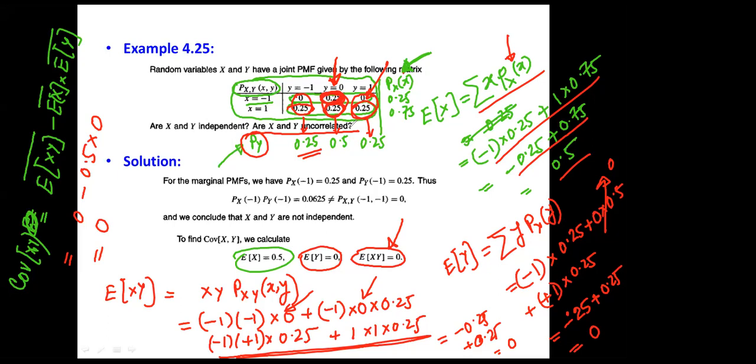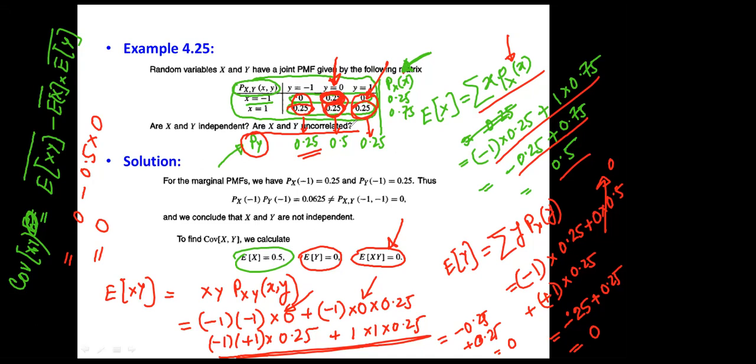If the covariance is 0, it doesn't mean that they have to be independent. But if they are independent, the covariance value must be equal to 0. So all independent random variables have covariance equal to 0, but covariance equal to 0 doesn't mean they are independent.